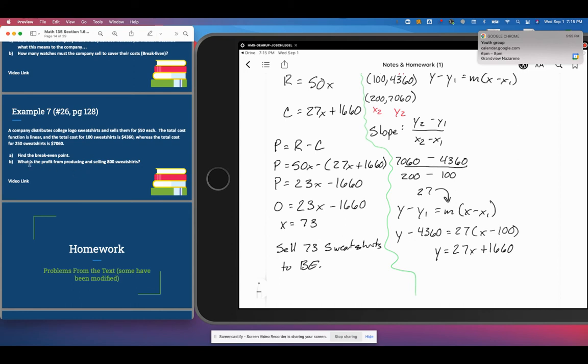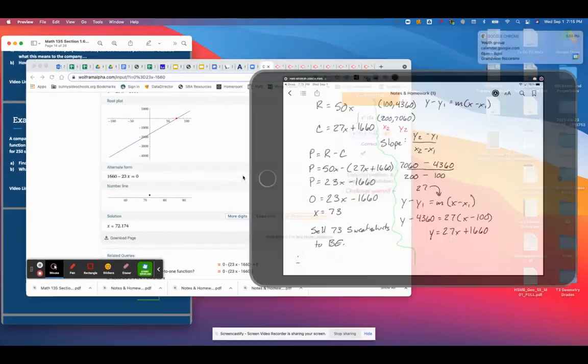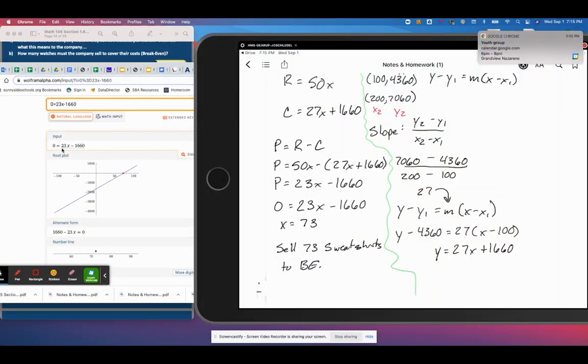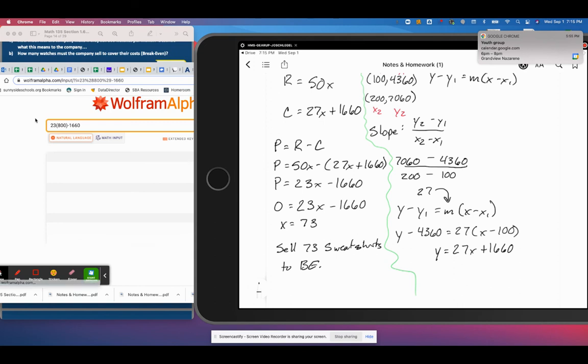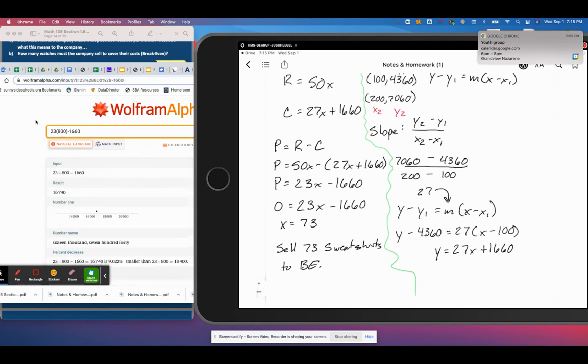Okay. And what is the profit from producing and selling 800 sweatshirts? So very simply for that one, everyone, what we need to do is in our profit function, we are going to have 800 sweatshirts that go in for our X value, because that's the number of sweatshirts that we are selling.